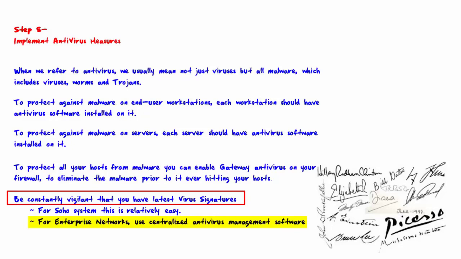You need to use centralized antivirus management software such as McAfee ePolicy Orchestrator. Using this type of software, you can see every workstation on your network, if each workstation has antivirus software installed, and if each workstation has the latest signatures, and if not, how old they are.